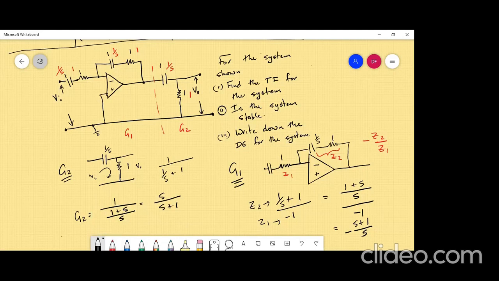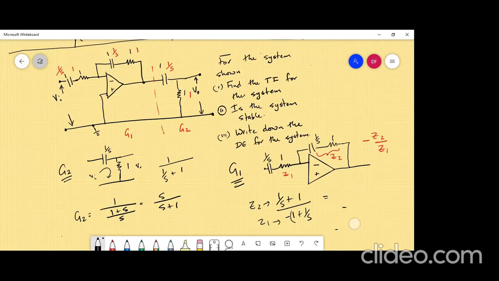All right, so we can work this out now. I put in a capacitor. So let me work this out again.